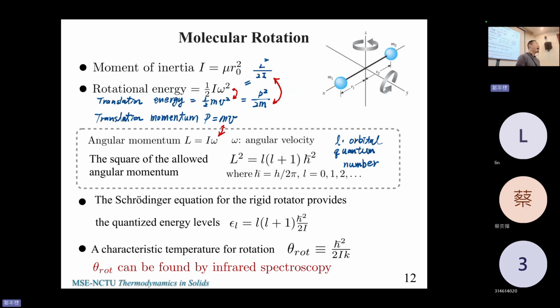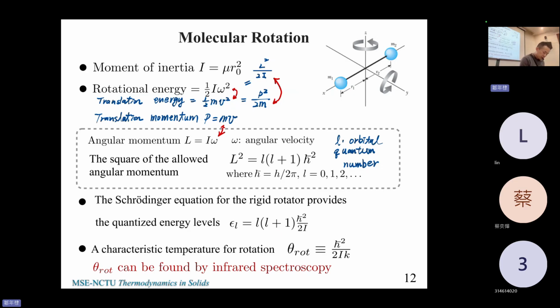Right. So for each energy level epsilon L, you can find that we want to find a characteristic temperature to activate the rotation. You find that h bar squared over 2I k will be the form like the characteristic temperature.